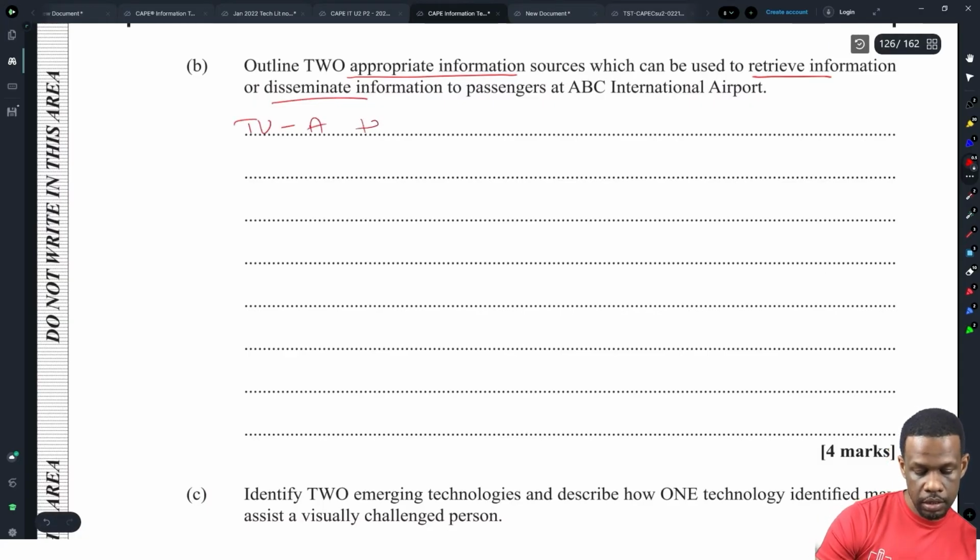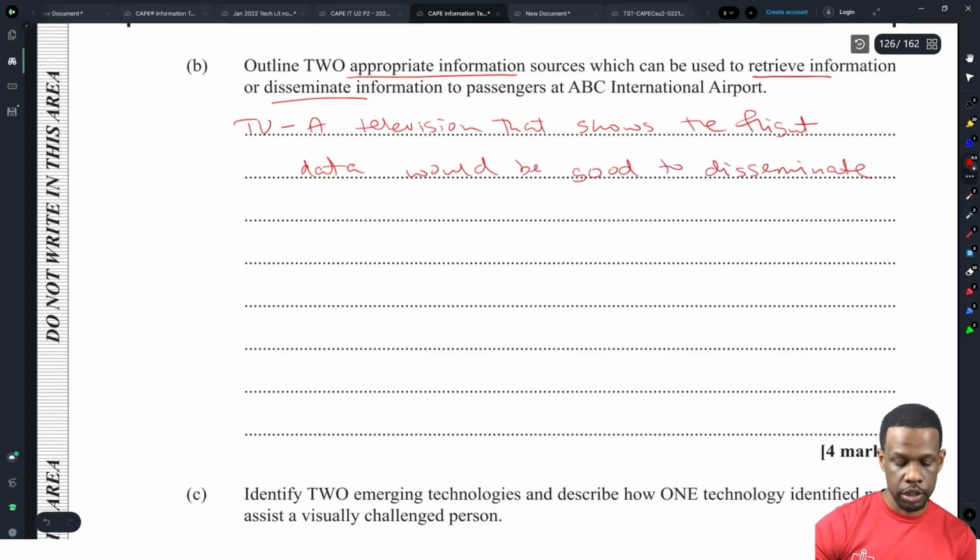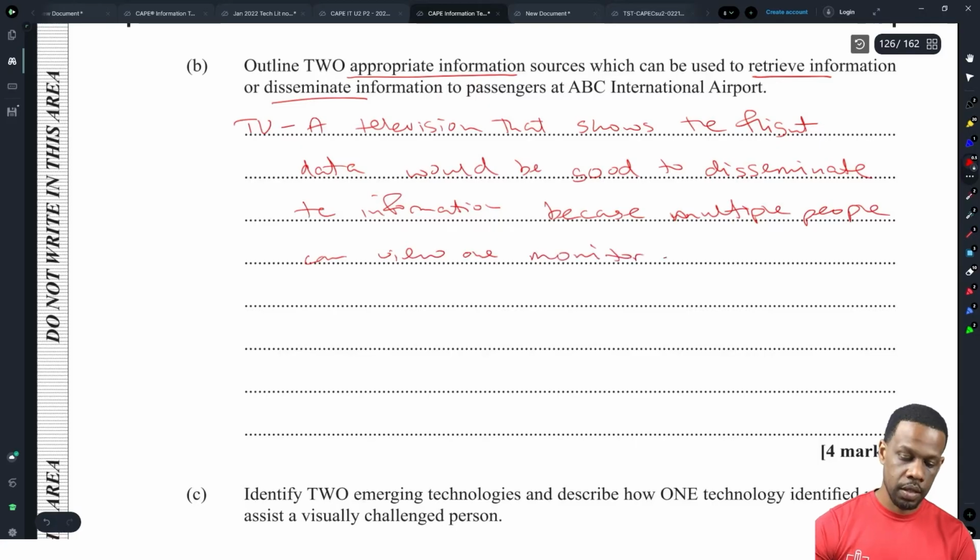A television that shows the flight data would be good to disseminate the information because multiple people can view one monitor.